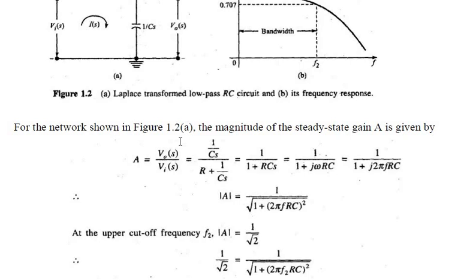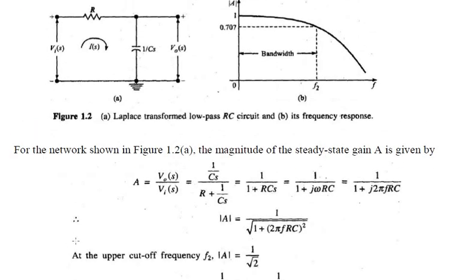Whenever you are applying this, first you have to give the input value, Vi(t) equals Vm sine omega t. Then we apply the Laplace transform and analyze that circuit in the S domain. So Vi(t) equals Vm sine omega t, and applying your KVL and the Laplace transform, you will obtain Vi(s) equals I(s) into R plus 1 by SC, or you can write it as R plus 1 by CS.